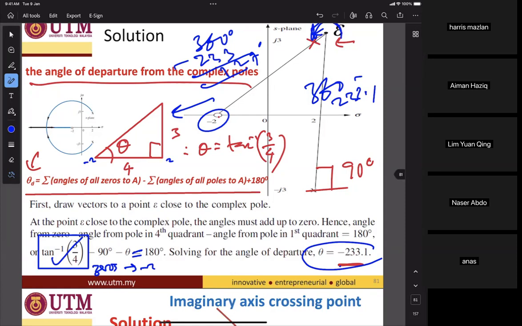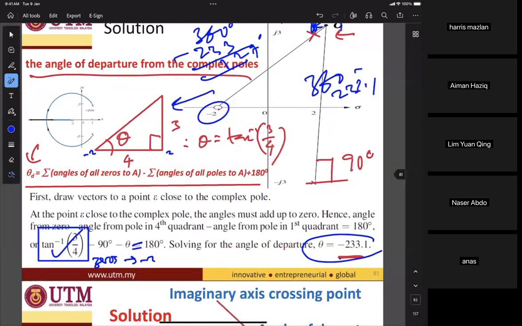Yes, but the point is, for the black colored solution, I can't see how to relate it with the red noted formula. Because if my angle of departure is the unknown theta, I thought it should be theta equals tangent inverse of 3/4 minus 90 degrees plus 180.